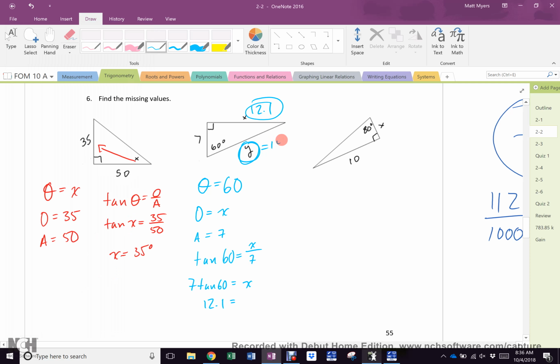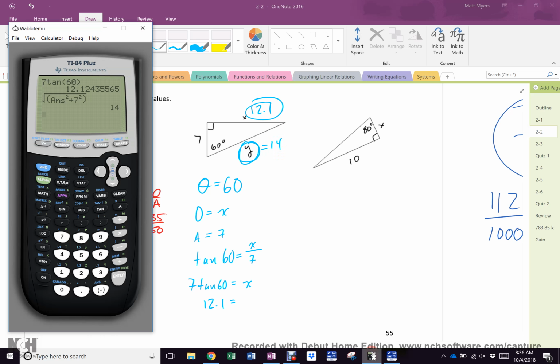Now, what would happen if I'd use 12.1? Well, square root, 12.1 squared, then what?